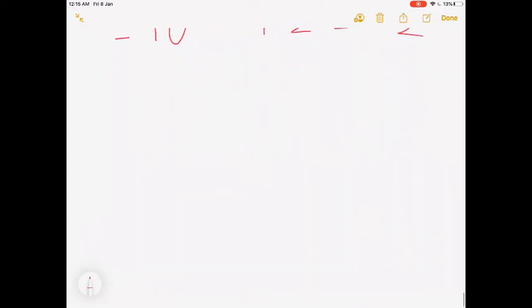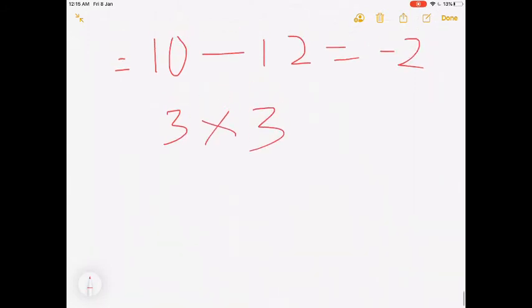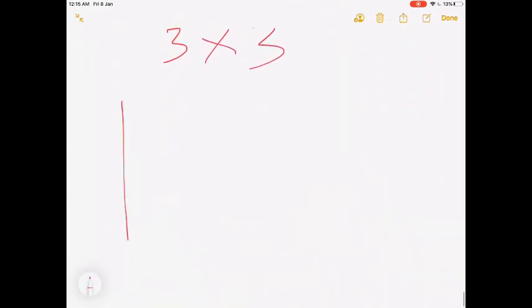How do you find the determinant of a 3 by 3 matrix? For a 3 by 3 matrix, you first need to remember this: plus, minus, plus, minus, plus, minus, plus, minus, plus.